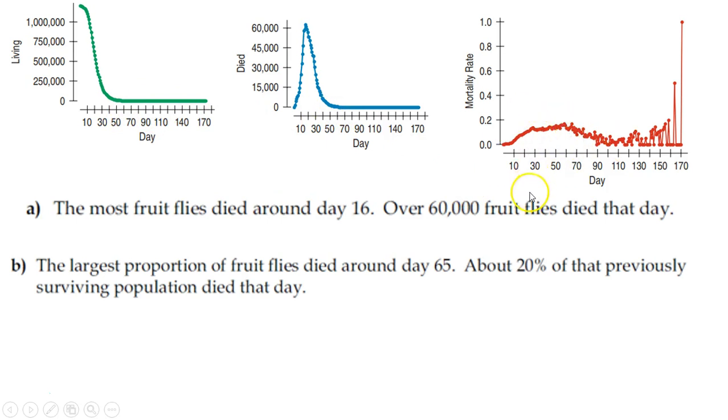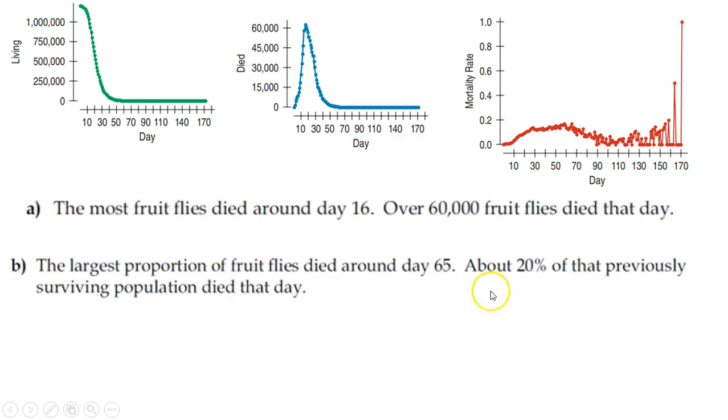This one, largest proportion, is because around day 65, which would be somewhere around in here, I'm looking at close to 20% of that previous surviving population died. Okay, because it says the largest proportion of fruit flies died on or around that day. Whereas, yes, the proportion of them that skyrocketed is 100%.